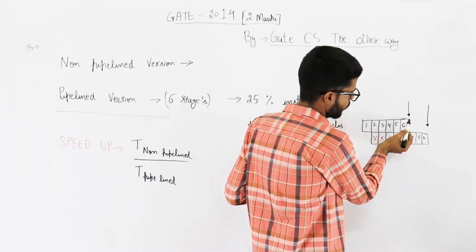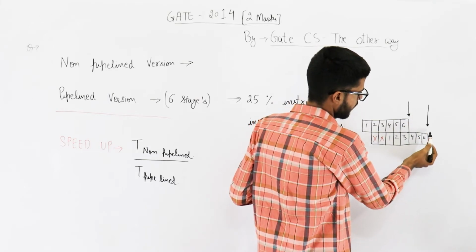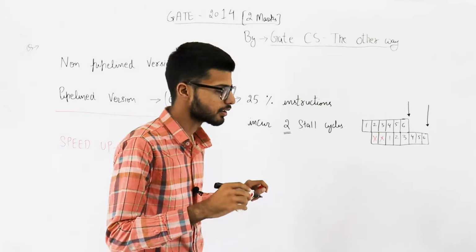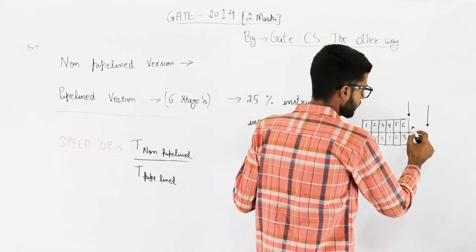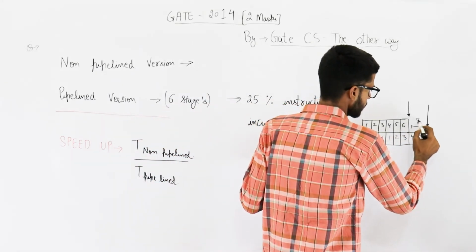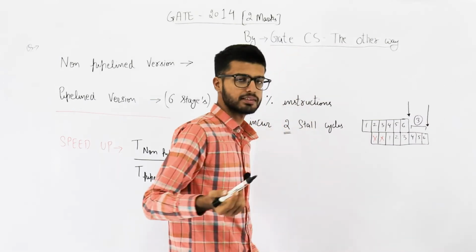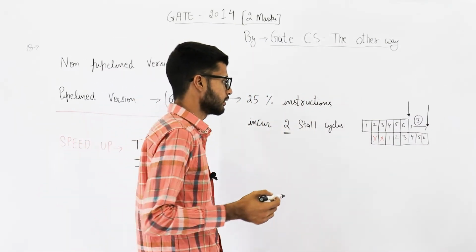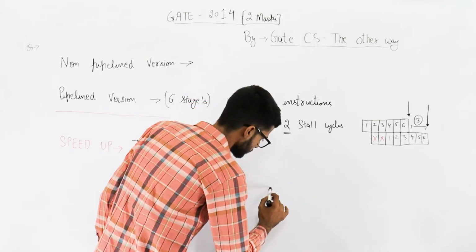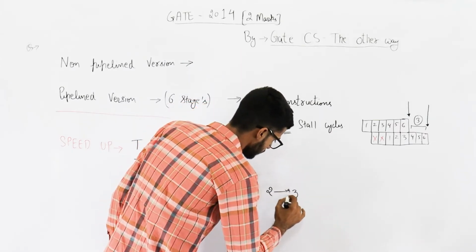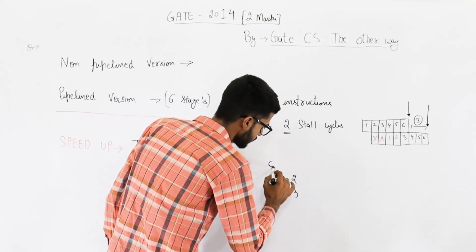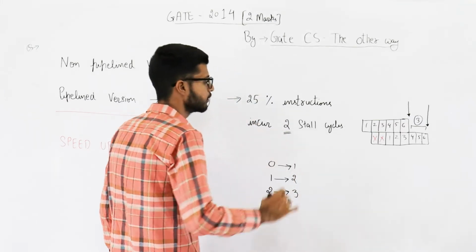Okay, so one instruction ends here and the other instruction ends here. What is the number of clock cycles between these two? You can clearly see we have 3 clock cycles. So you can say on average effective CPI is 3. For 2 stall cycles, CPI is 3. For 1 stall cycle, CPI will be 2, and for 0 stall cycles, CPI will be 1.